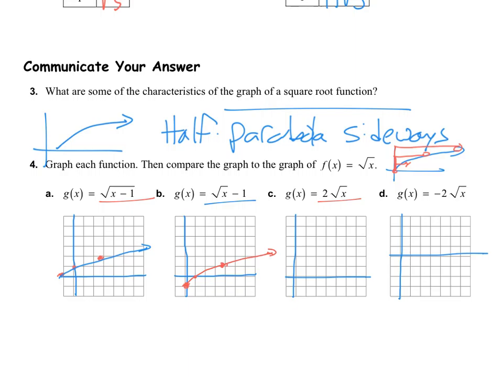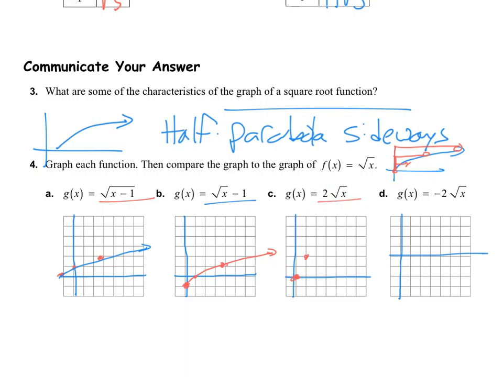What's the 2 going to do? Well, that's going to make this a little taller. When you plug in 0, you still get 0. But when you plug in 1, the square root of 1 is 1, but it gets doubled. So it'll be twice as high. When you plug in 4, the square root of 4 is 2.